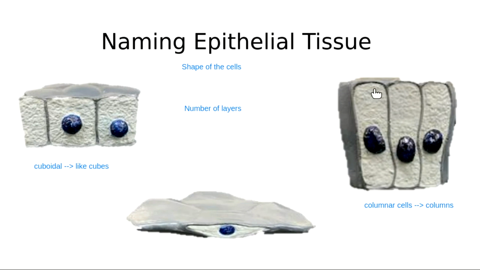That's columnar. This last shape of cells is really flat and squished or squashed, we might say. These ones are called squamous cells, or sometimes people say squamous. You can say it either way, don't care. These are the squished cells.